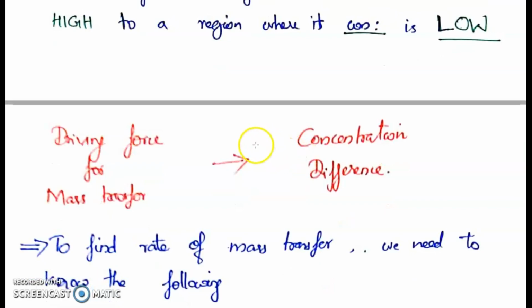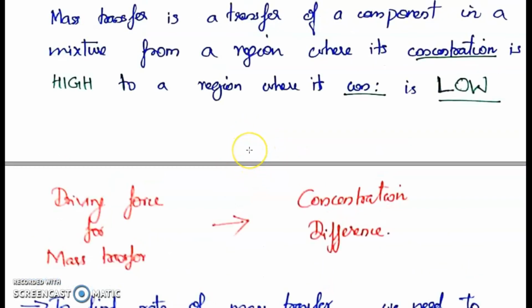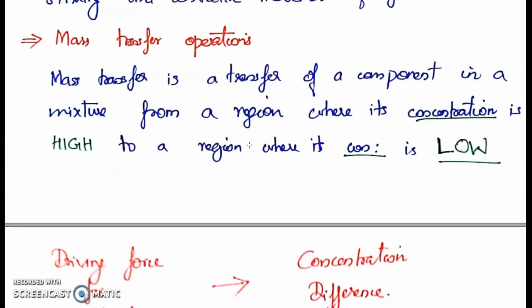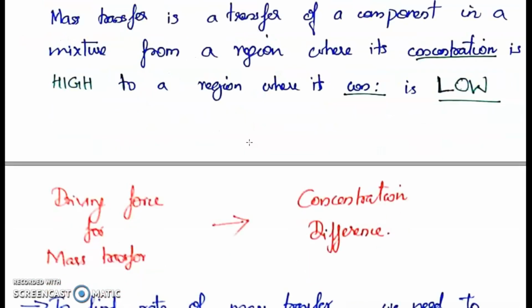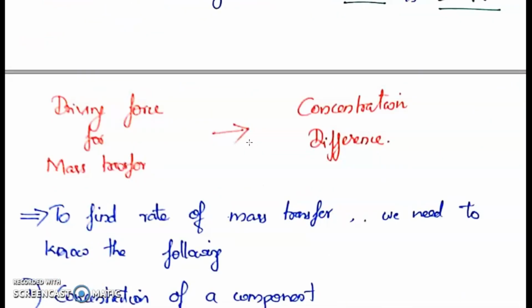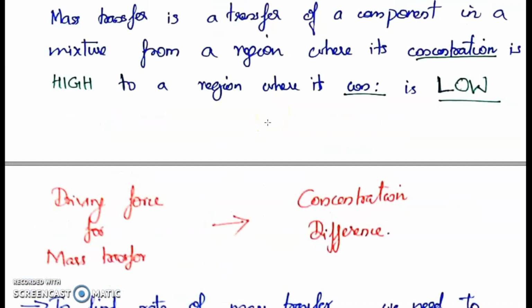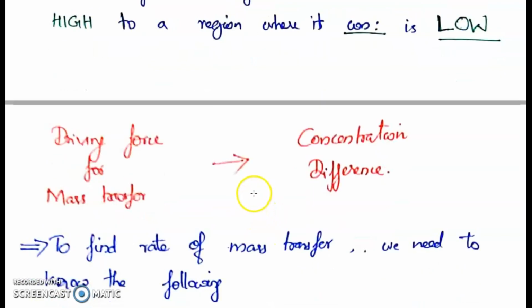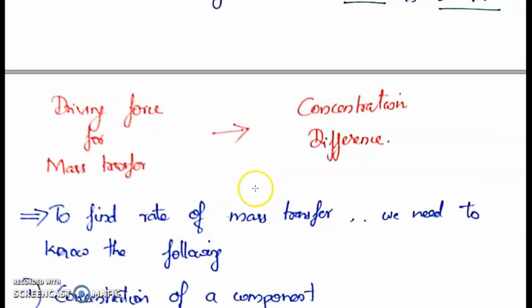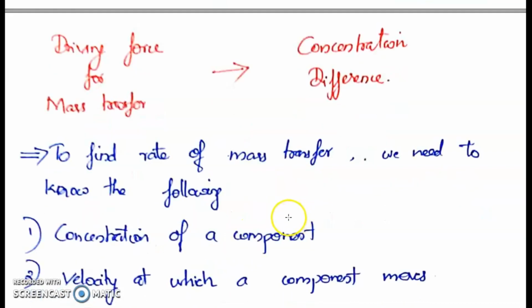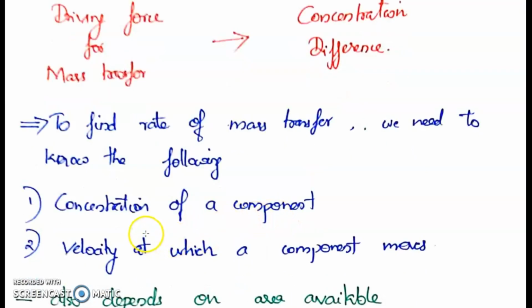So we need to actually find out the rate at which the transfer takes place. What we are interested in is the rate of mass transfer. So we identified the driving force as concentration difference. Let us see what quantities are required to find the rate of mass transfer. Primarily, the concentration of the component should be known.